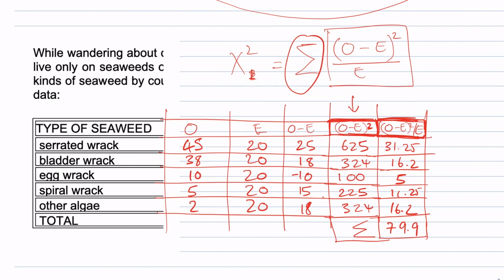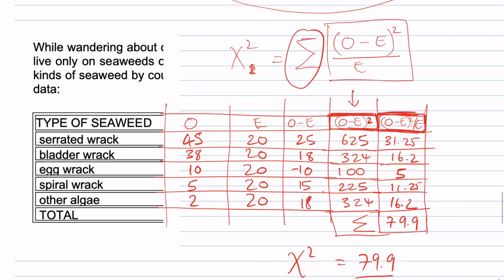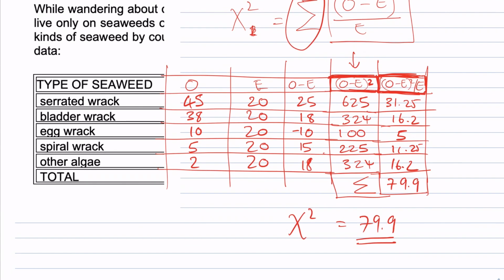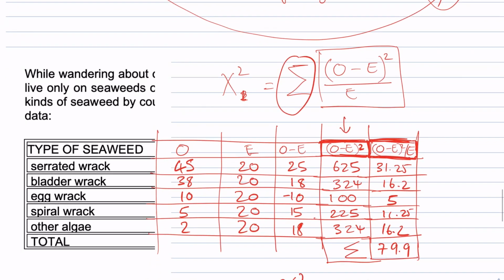So that, ladies and gents, is our chi-squared value. Chi-squared is equal to, in this case, 79.9. What does that number mean? Absolutely nothing until we've done the next step, which is to determine the critical value.